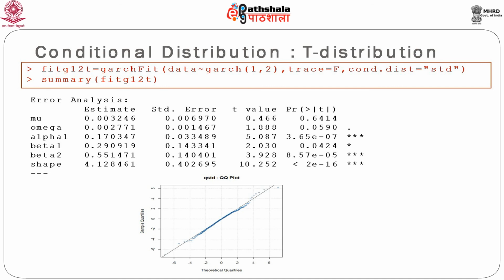If you look at the QQ plot again, you can generate all the diagnostics the same way, but I looked only at the QQ plot to see whether the fit is fair, and it indicates a much better fit than the normal distribution. So the T distribution might be an appropriate choice for the conditional distribution.